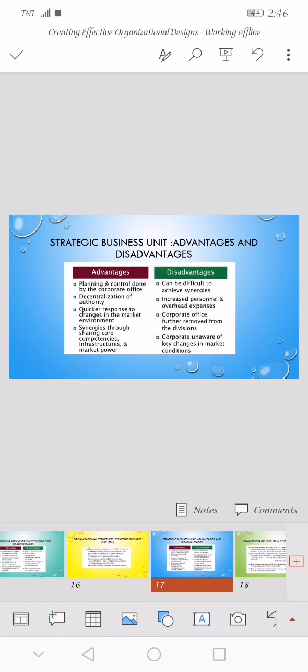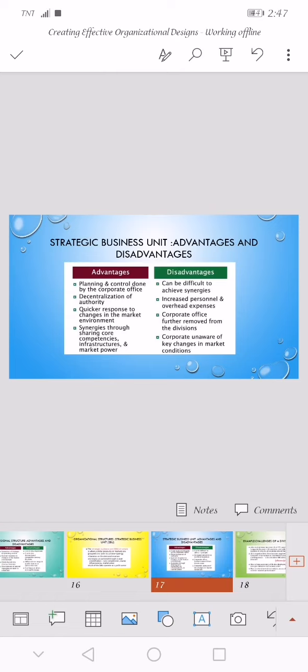Strategic business unit advantages and disadvantages. Advantages: first, planning and control done by the corporate office. Second, decentralization of authority. Third, quicker response to changes in the market environment. Fourth, synergies through sharing core competencies, infrastructures, and market power.